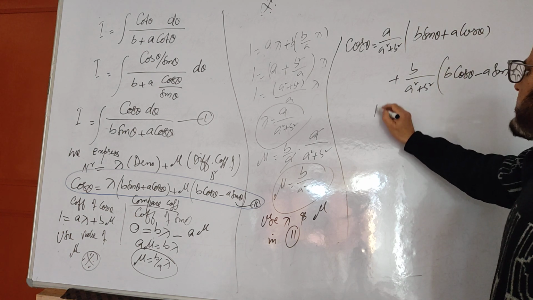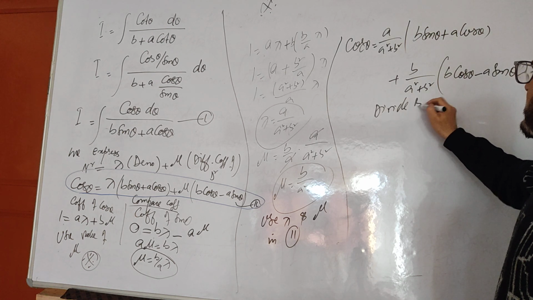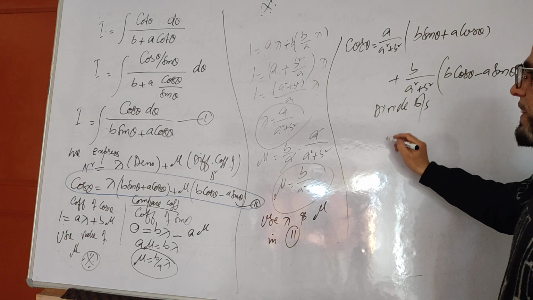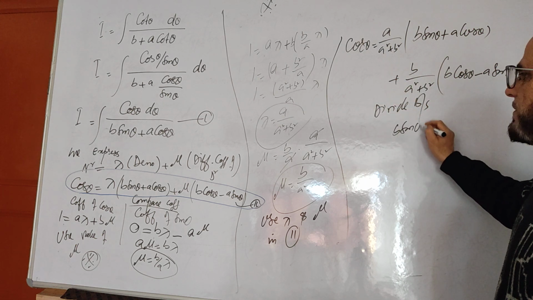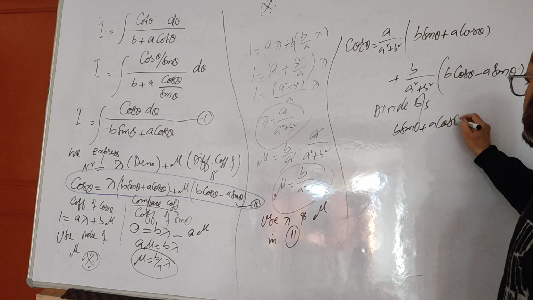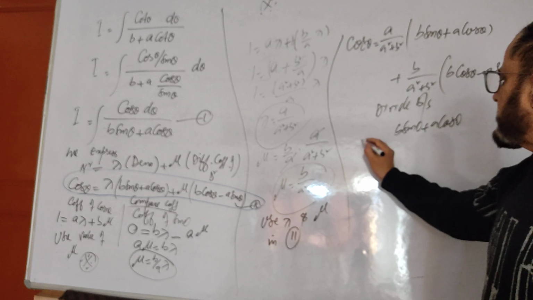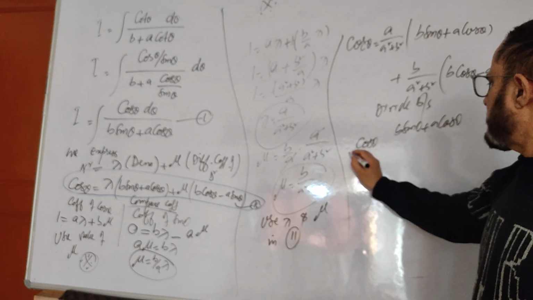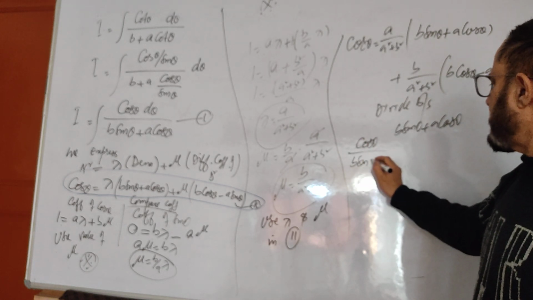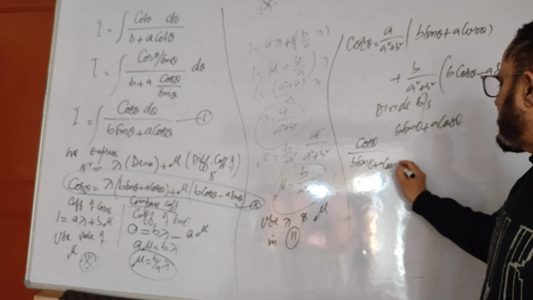Divide both sides by b sin theta plus a cos theta, the denominator of this integrand.